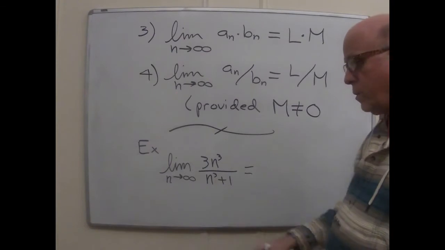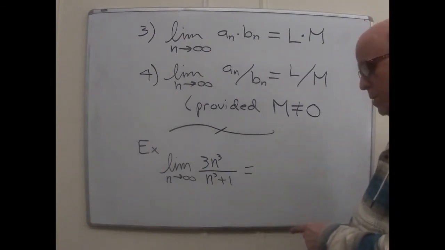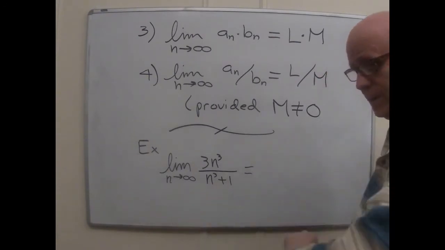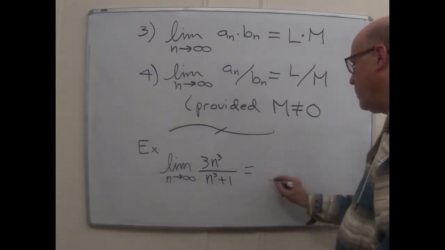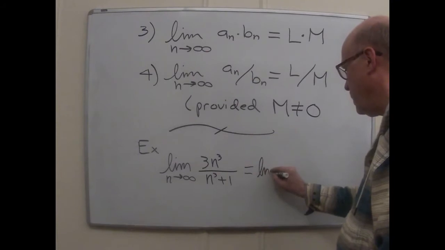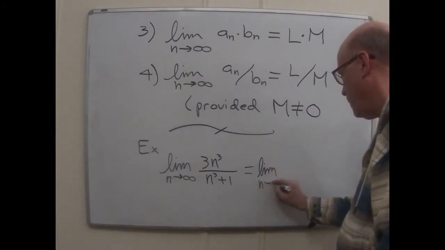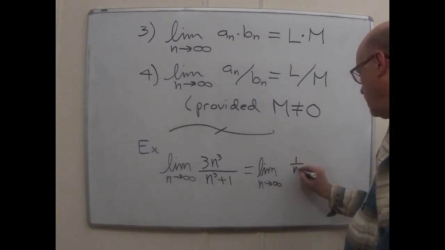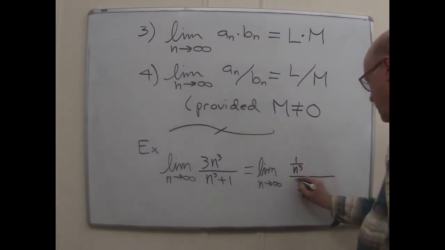which, because n is going to infinity, it seems like you're multiplying by 0, but you're not, because as n goes to infinity, it's not there yet, right? So this is equal to the limit n going to infinity of 1 over n cubed, 1 over n cubed, on both top and bottom.